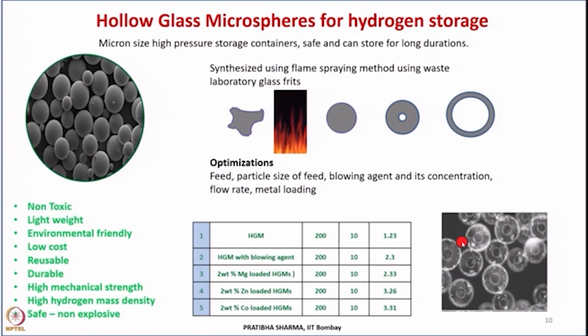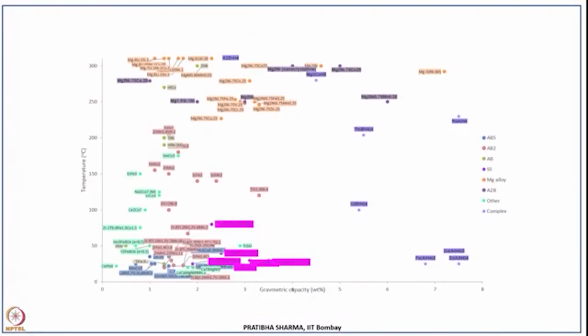Since these materials are non-toxic, lighter in weight, environmentally friendly, low cost, reusable, durable, have good mechanical strength, high density of storage is possible, and at the same time they are safe to operate with, this forms an interesting class of materials for hydrogen storage.